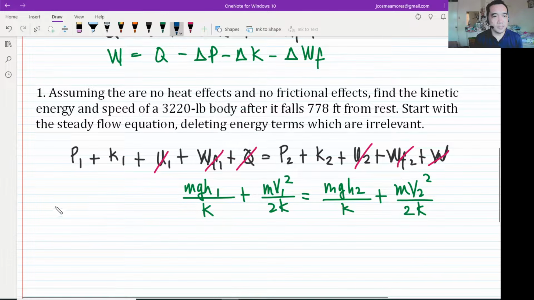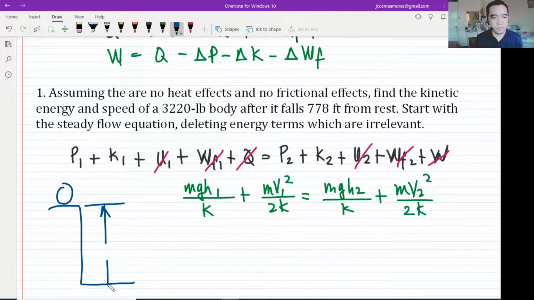So this is the body and this would be the cliff. Let's just assume that there's a cliff that the body would fall from. The height is 778 feet, and the mass of our body is 3,220 pounds.